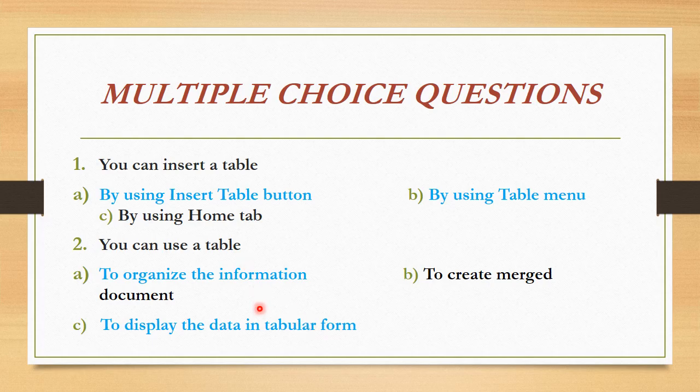So these both options are correct. This B option is wrong, to create a merged document. So you can choose these two or any of these. Okay. This is known as a multiple choice question, where more than one answer can be correct.